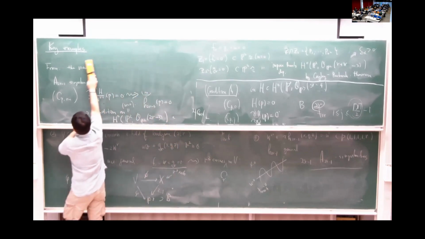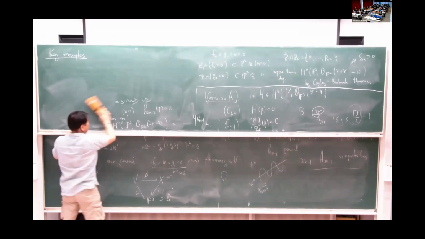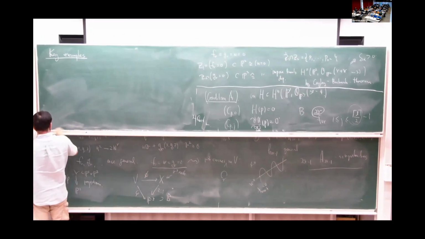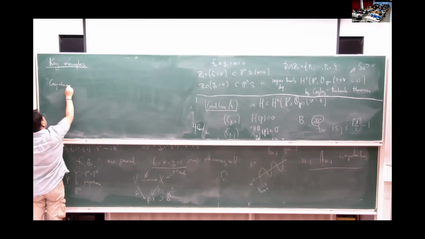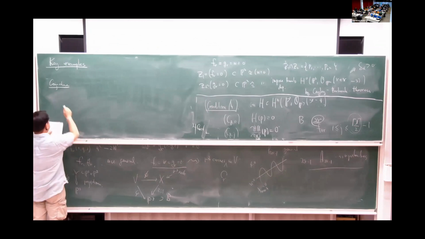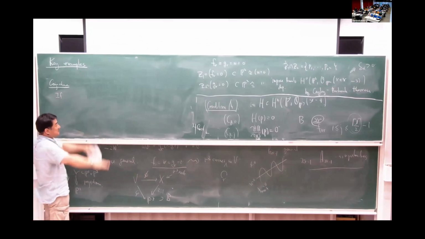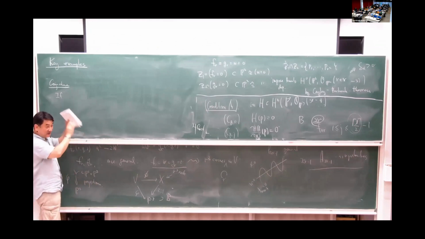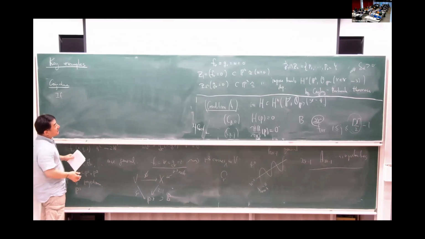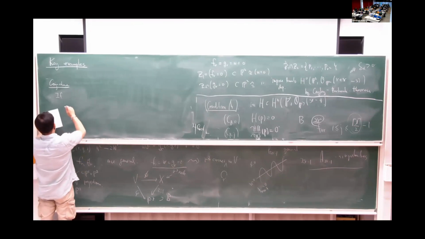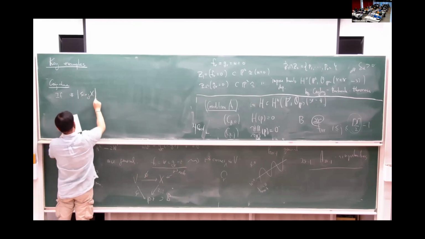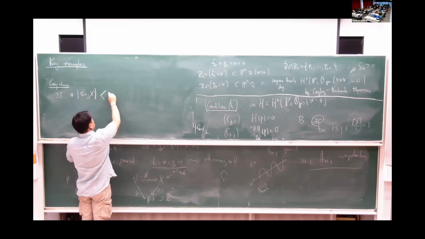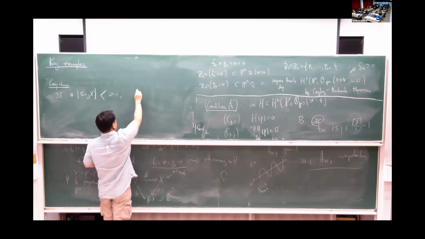I'm not sure whether this is correct, but we conjecture the following. If all the conditions are the same, so X is the double solid of P3 branched along the surface B, which has the A_n singularities only, and if the number of singular points is strictly less than 2r minus 1, then X is factorial.